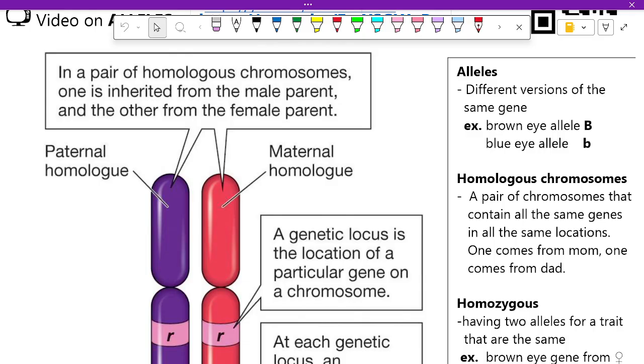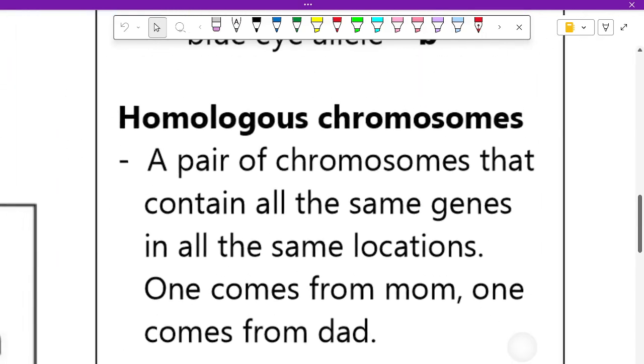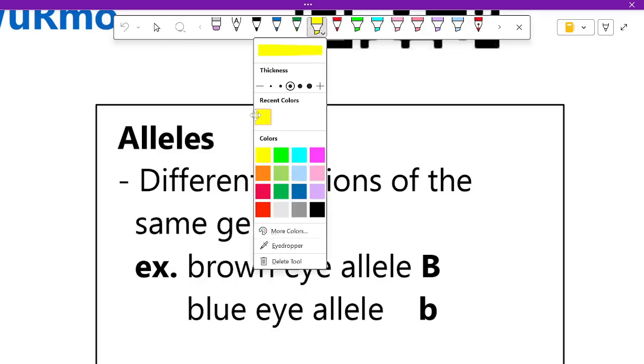They might have different alleles of each gene, but they all have the same genes. So an allele, and we've got our vocab words over on the side, so these will be things that you add to your cheat sheet. Alleles are different versions of the same gene.